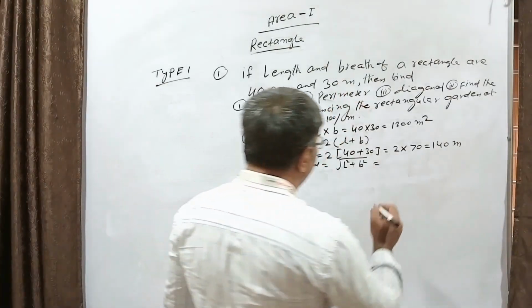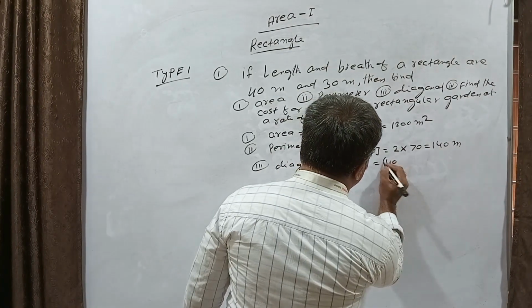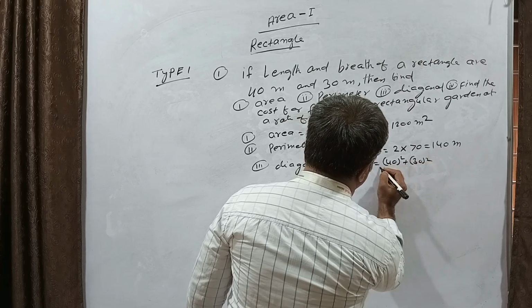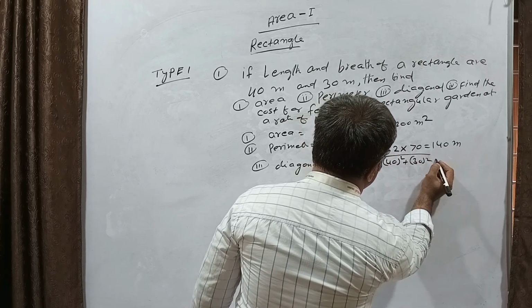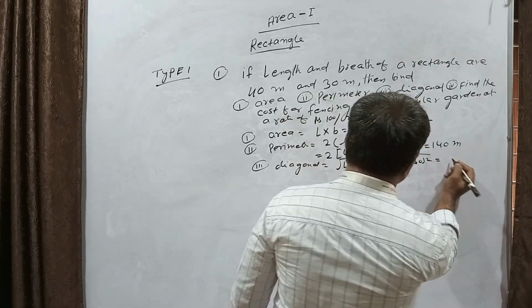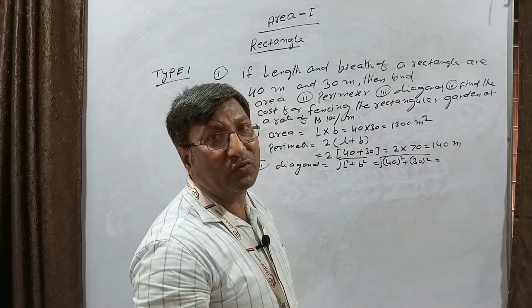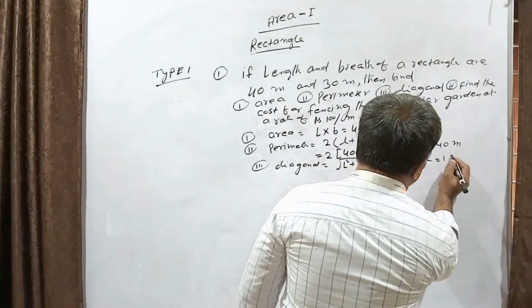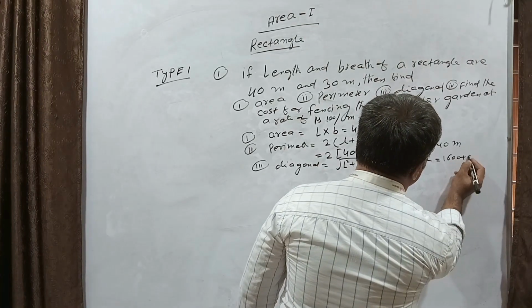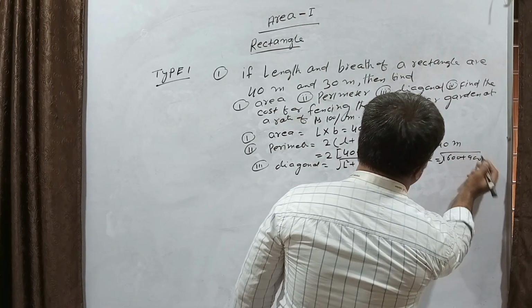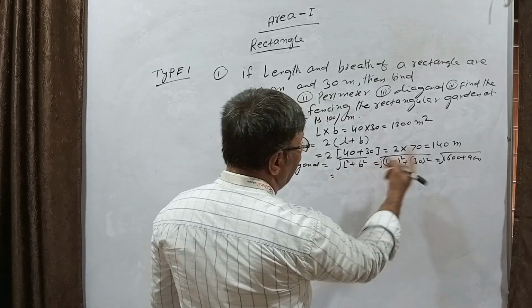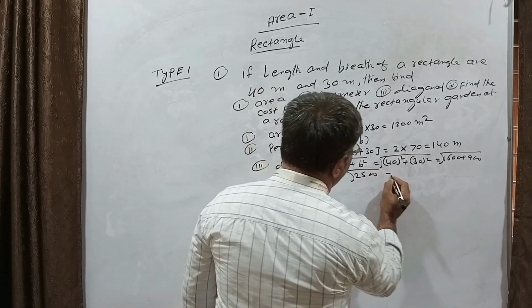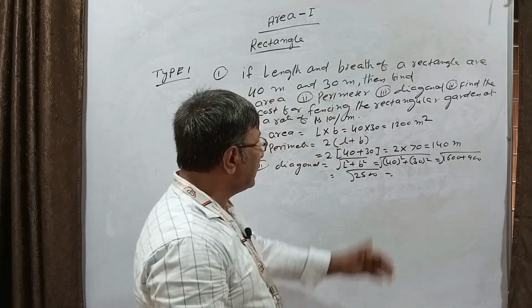So just put the values: 40 square and 30 square. 40 square is 1600 and 30 square is 900. So 1600 plus 900 is 2500. Now we have to find the square root.